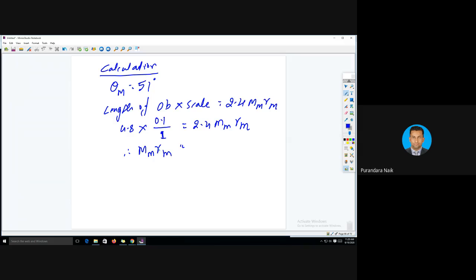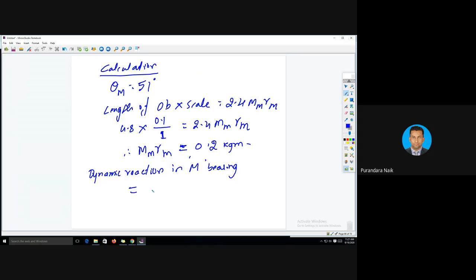I don't know whether the answer is correct or not. Yeah, the answer is correct, we'll get 0.2. You check your answer, okay? This is kg meter. Now, what is the dynamic reaction in the M bearing?